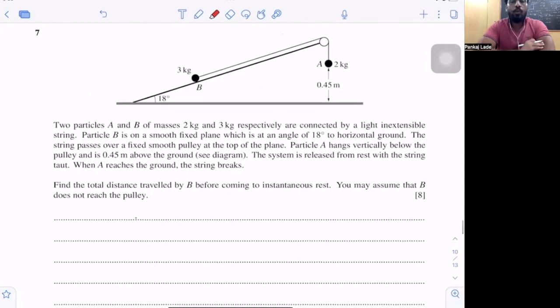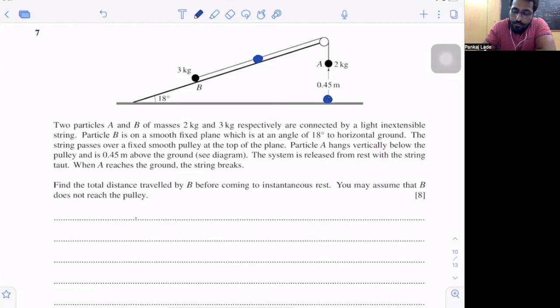What I'm going to do here is, initially particle B will come to this particular place. This is where particle B has come, and particle A will reach here.